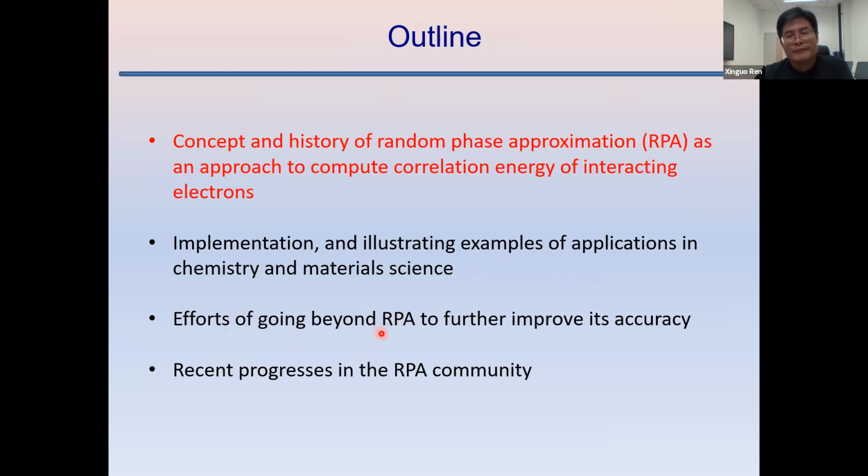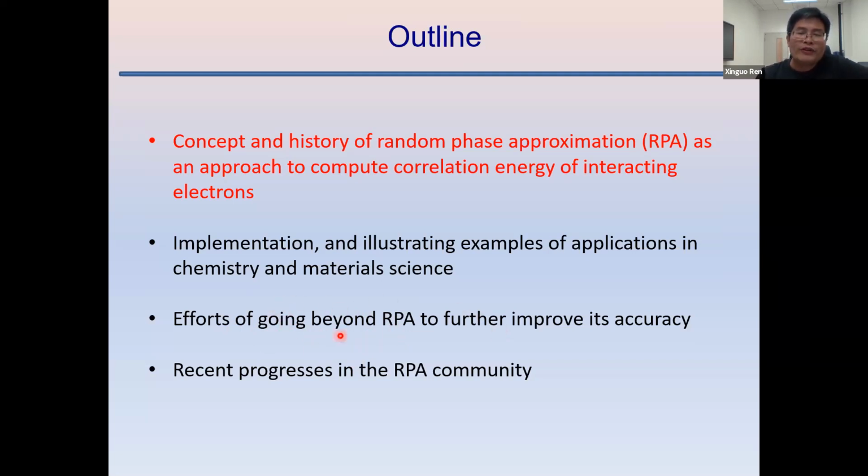Nowadays, RPA is not a single method. Normally, we use the term to refer to a class of methods which are based on RPA. In fact, one can also go beyond RPA by adding additional corrections to achieve better accuracy.